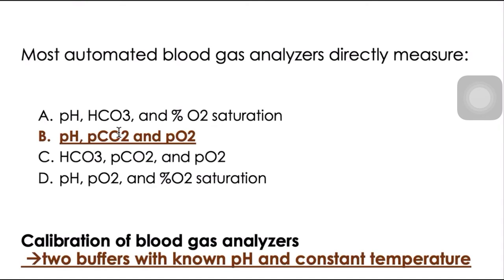So we can compute, no? For the bicarbonate. Okay. Pag tinanong tayo, ano yung ating ginagamit for the calibration of blood gas analyzers, we are using 2 buffer with known pH and a constant temperature. Again, pa-take note po ako, for calibration of blood gas analyzers, we are using 2 buffers with known pH and constant temperature.